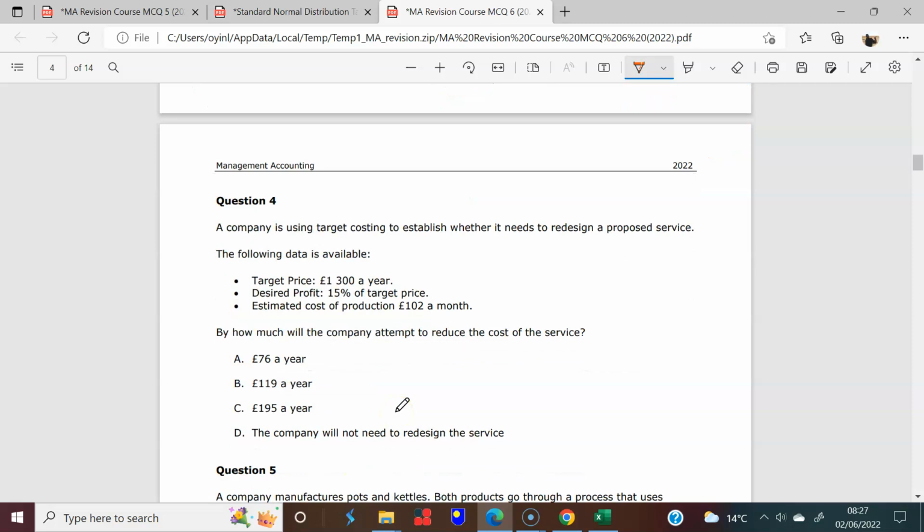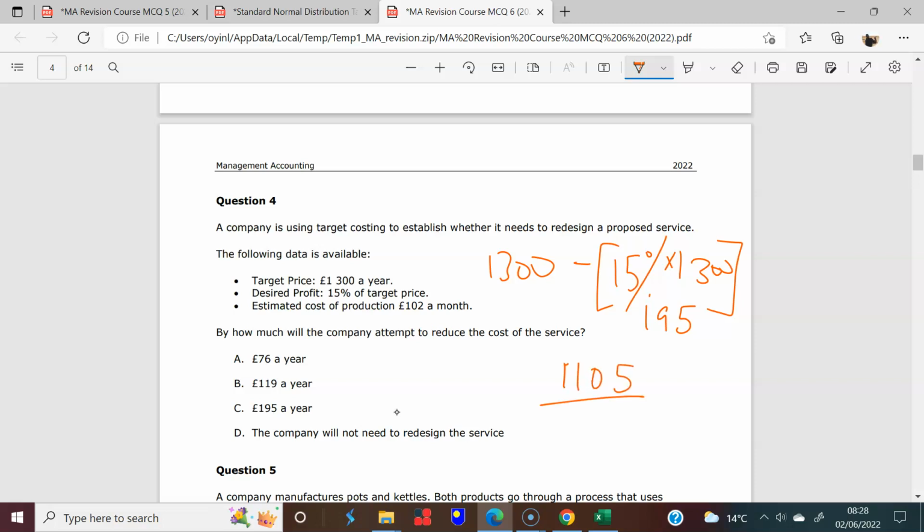Let's look at this one this time. So we have 1,300, and we're trying to bring it down by 15%. So what is 15% of the 1,300? That's 195. So 1,300 minus 195 is 1,105.